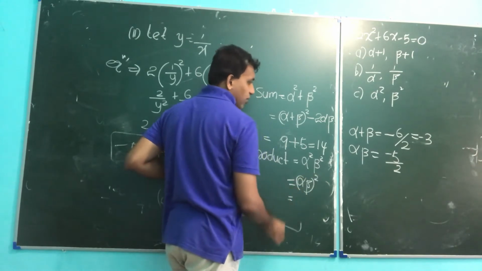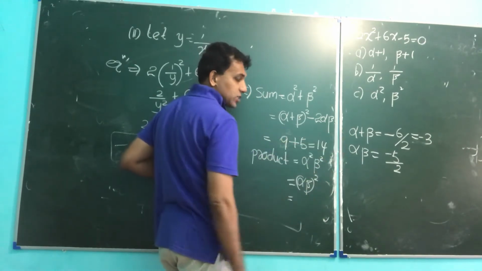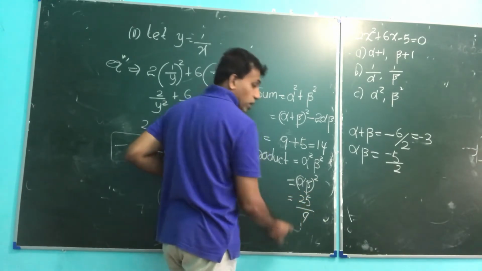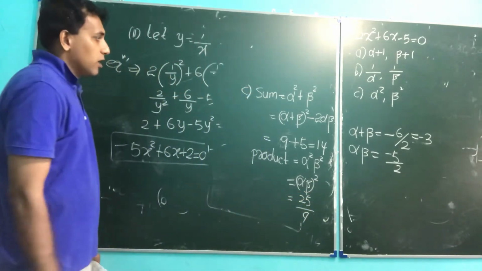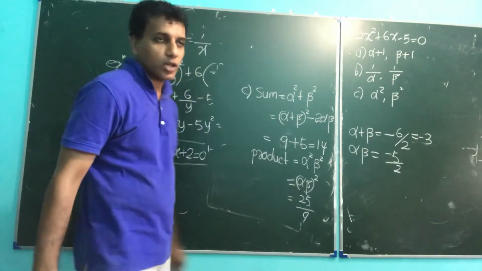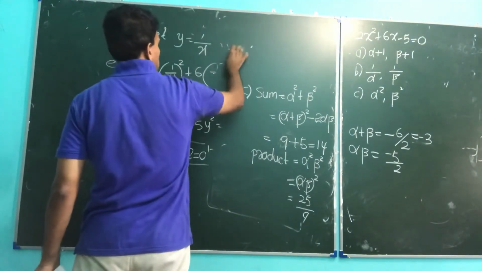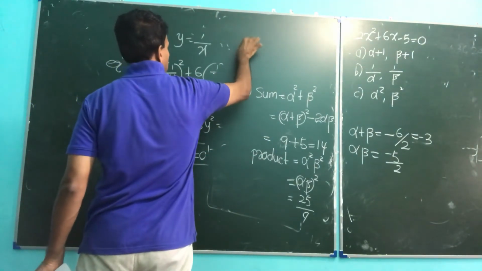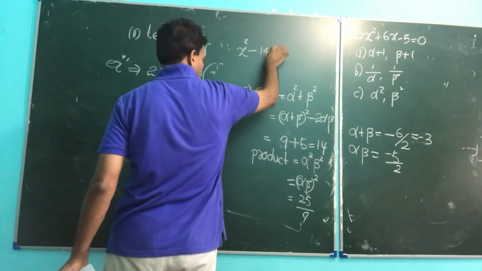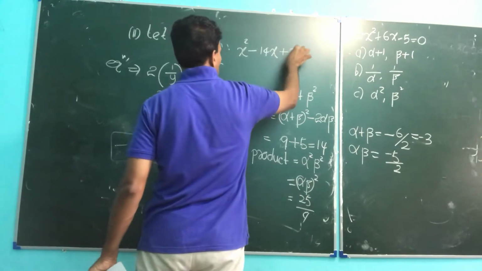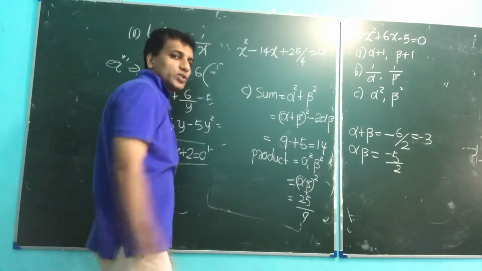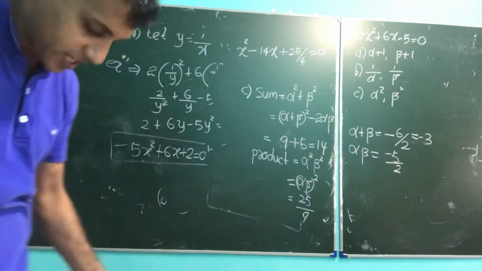So you know alpha into beta is minus 5 over 2, square is 25 over 4, right? Therefore once you know the summation and the product, write the equation. Therefore the equation is x square minus sum of the roots into x plus product of the roots equal to 0. You can multiply by 4 also, otherwise leave it.